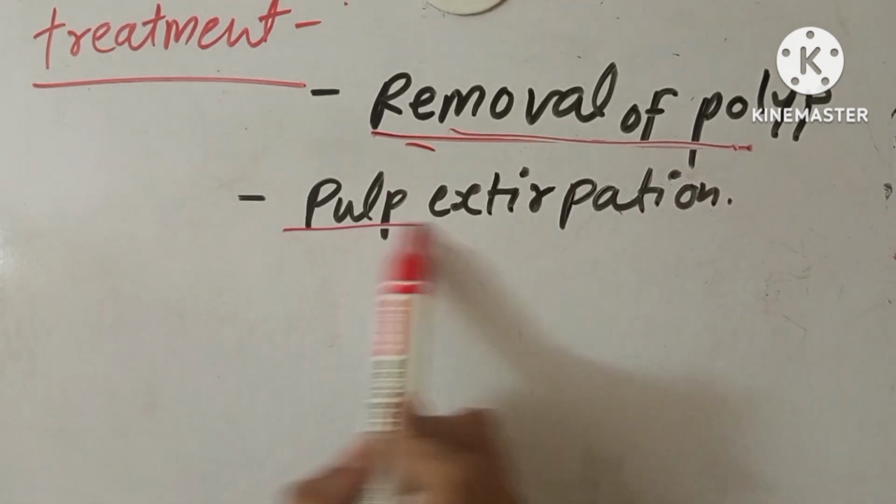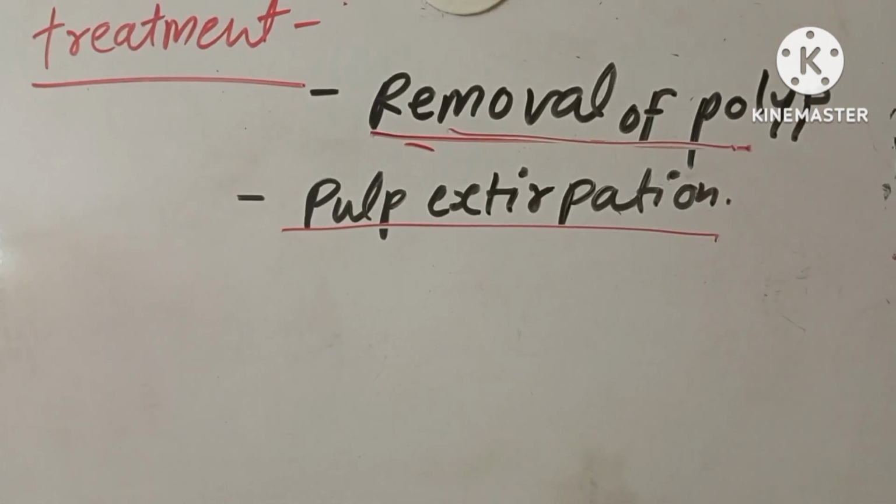Next is pulp extirpation, where the polypoid tissue is eliminated and removed by an H file. It's called pulp extirpation.